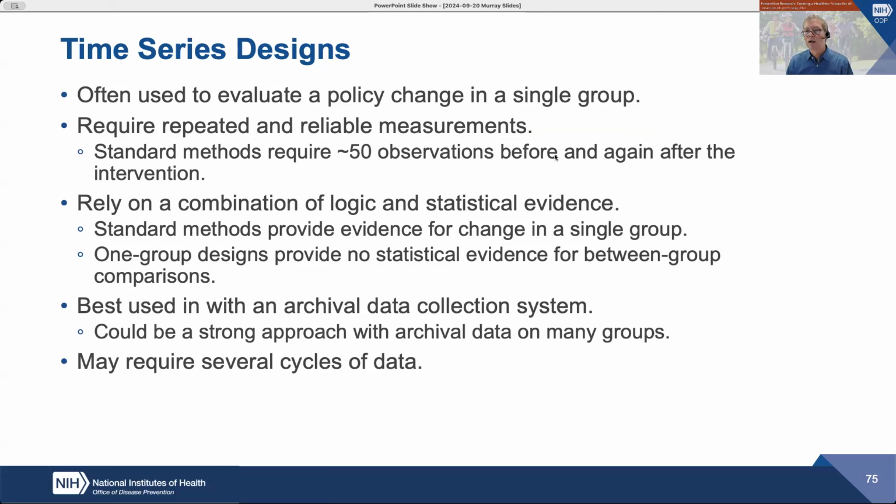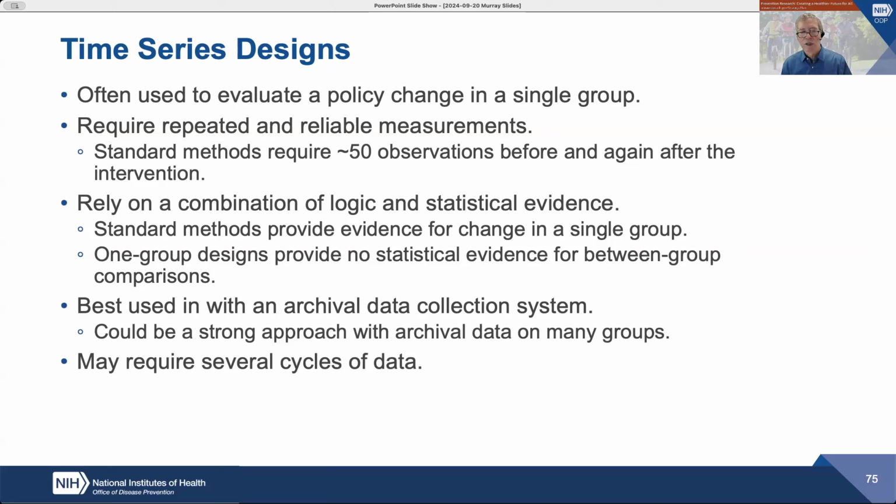So it works very well if you've got archival data where the data are being collected routinely, administratively, and all you have to do is grab them out of a database and look at them. So we see this kind of design applied, for example, to studies looking at the effect of changing the age at which individuals can get a driver's license, or the age at which individuals can buy alcohol. So it works well where we can access archival data.